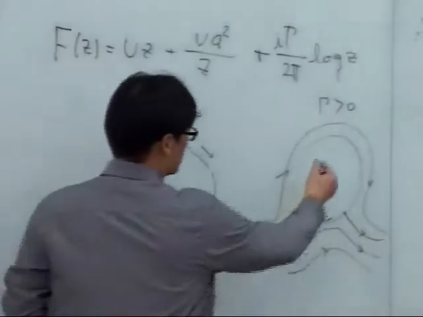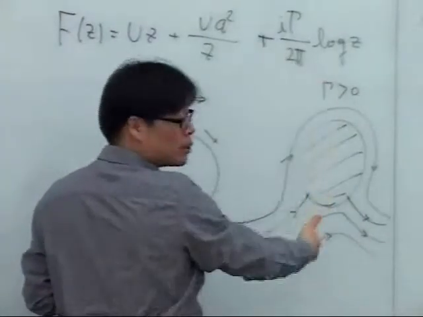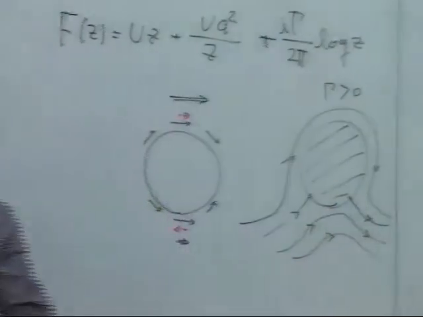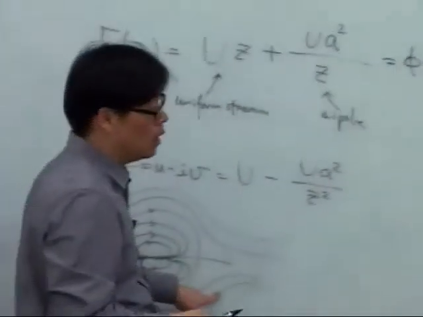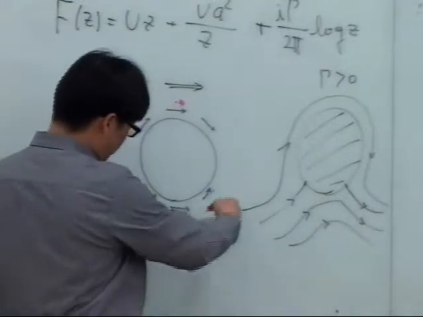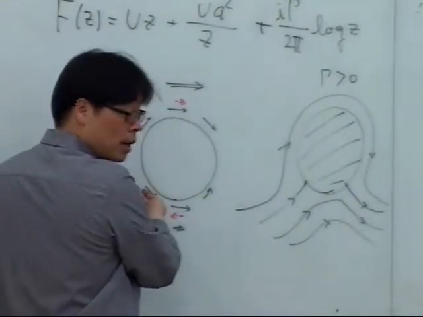This is a circular cylinder. When I add rotation, my streamline could look like this instead of that.